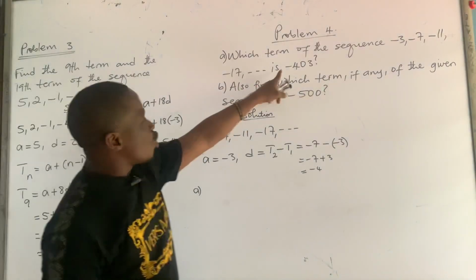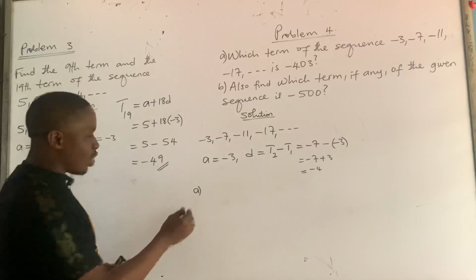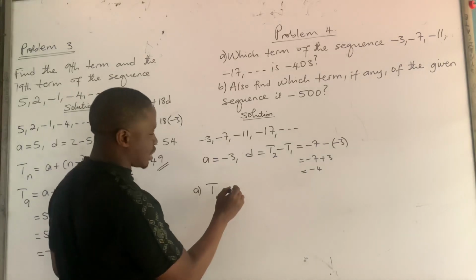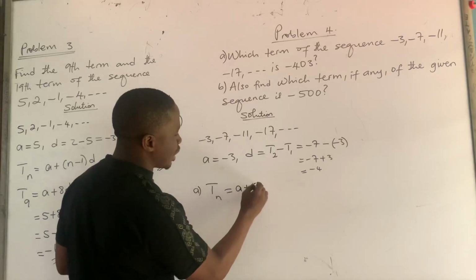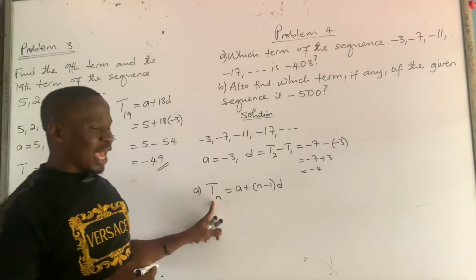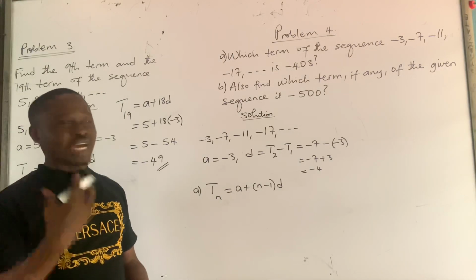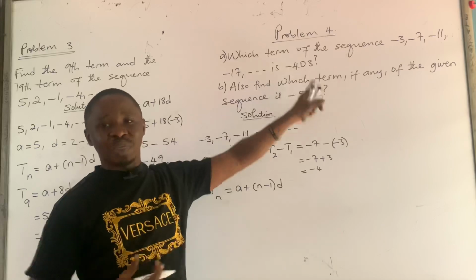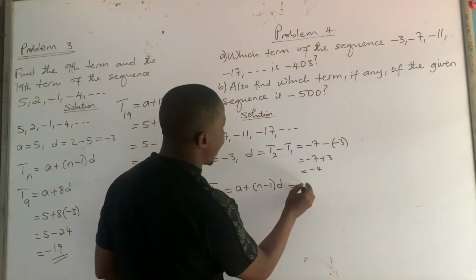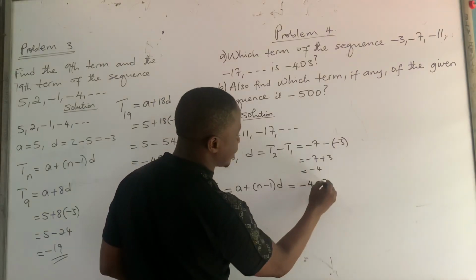So if we want to know which term this is, let us use the general term, which we call the nth term. The nth term is A plus n minus 1 multiplied by d. Here t sub n denotes the nth term, the general term. Let us assume this one to be the general term. So we say this general term is minus 403.